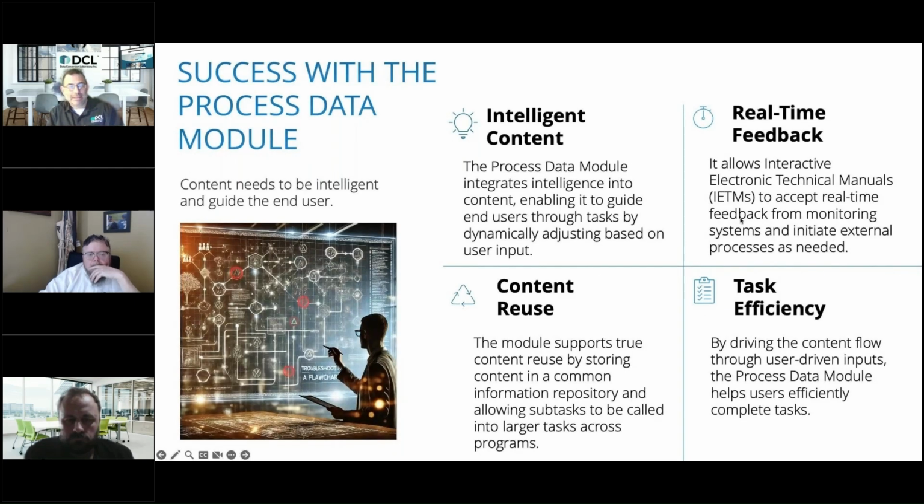So your tasks are more accurate, you have fewer mistakes made by the maintainer, and it's a lot easier to audit the process. It also builds content reuse. Here we have true content reuse by storing the data in a common information repository, and we use it across multiple locations. And this is just one example of how content reuse can be improved.